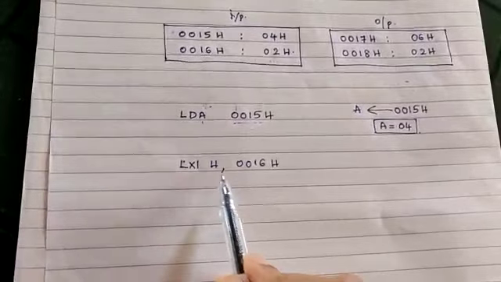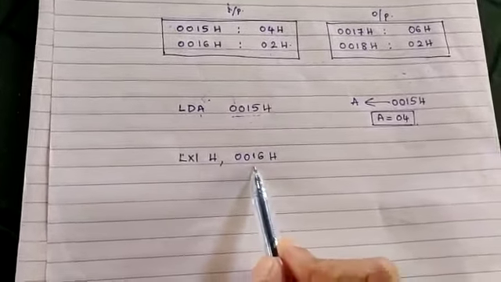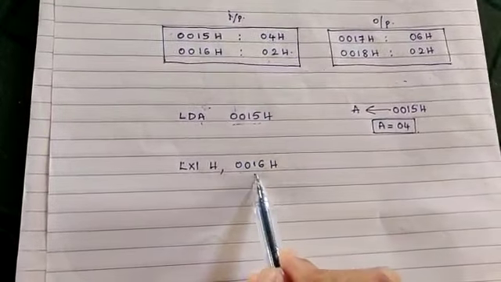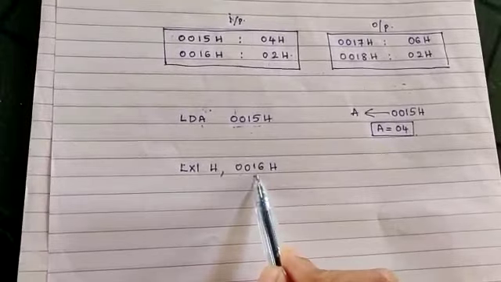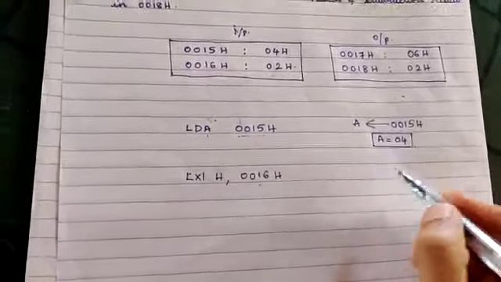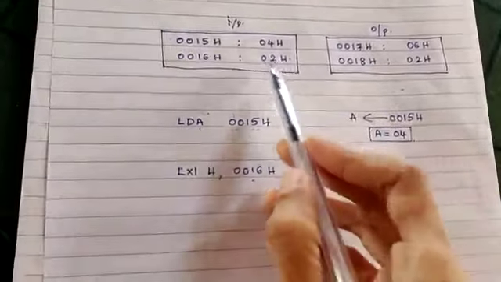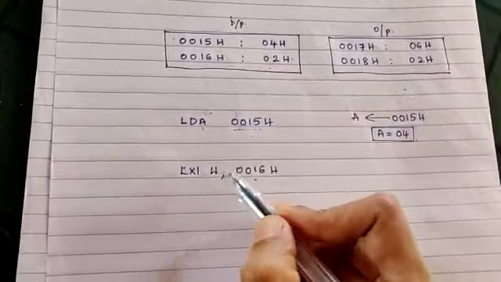So LXI H, 0016. Why 16? Because that is the memory address given to us in the question. So this memory address 0016 will have the second number, that is 02, the data which we have taken, and HL acts as a memory pointer.